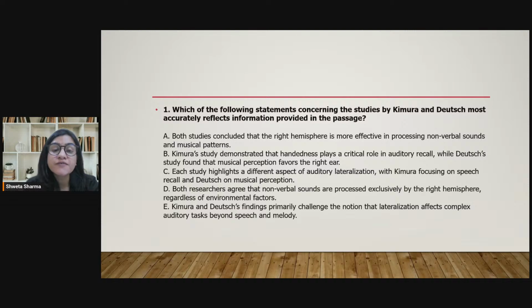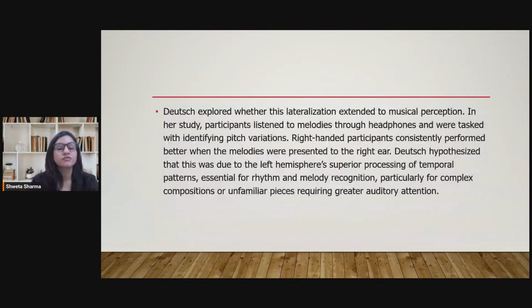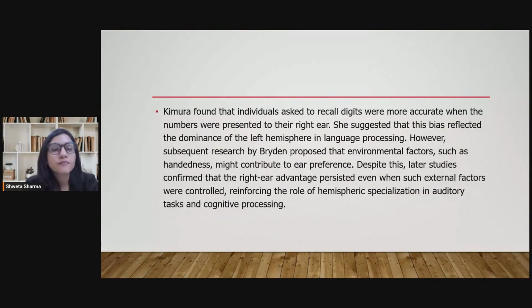Each study highlights a different aspect of auditory lateralization, Kimura focusing on speech recall and Dosh on musical perception. Both researchers agree nonverbal sounds are processed exclusively by the right hemisphere, regardless of environmental factors. Or is it Kimura and Dosh's findings primarily challenging the notion that lateralization affects complex auditory tasks? So you can have a comparison here, guys, between the second paragraph and the third paragraph. Tell me what is the answer.